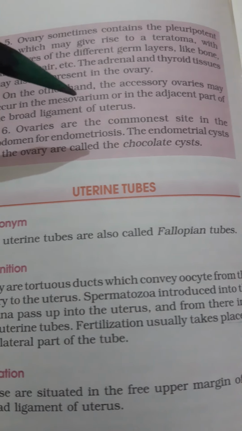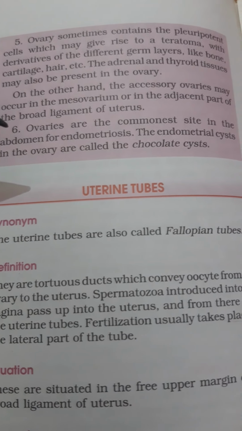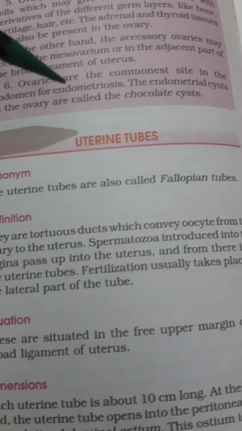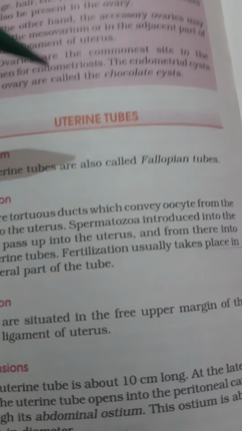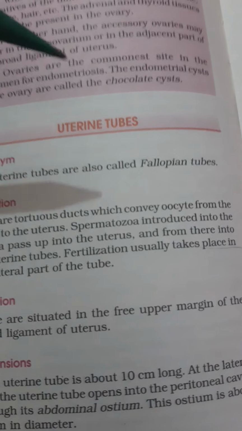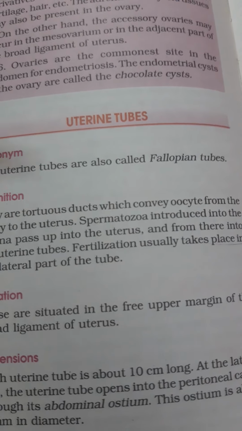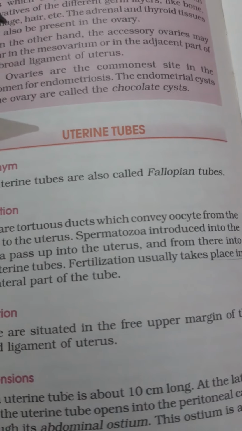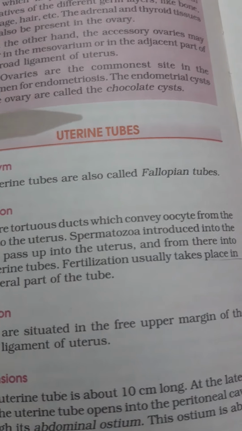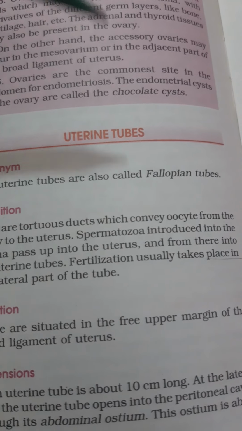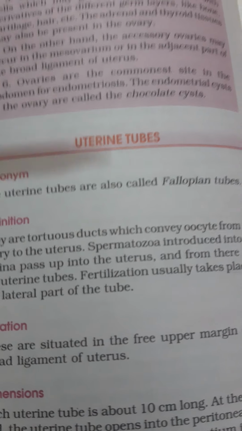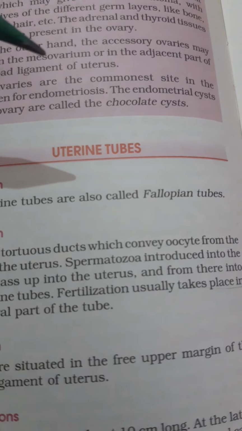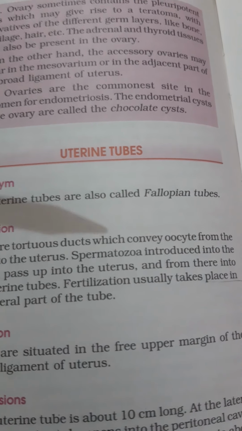Then the ovaries are a common site in the abdomen for endometriosis. Now what is endometriosis? Sometimes tissue similar to that which lines the inside of the uterus can also grow abnormally in the ovaries, fallopian tubes, bowel, etc. The tissue in the endometrium of the uterus, in the menstrual cycle, gets inflamed, breaks, and forms the menstrual blood.